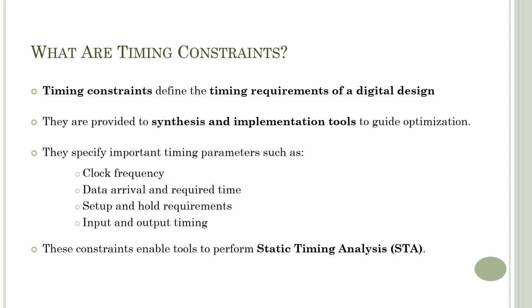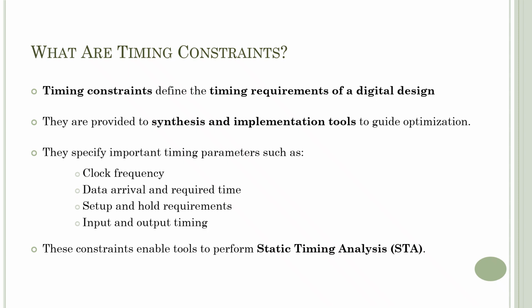These timing requirements are provided to the synthesis and implementation tools in the form of timing constraints. The tools use these constraints to optimize the placement, routing, and logic implementation so that the circuit meets the required performance.